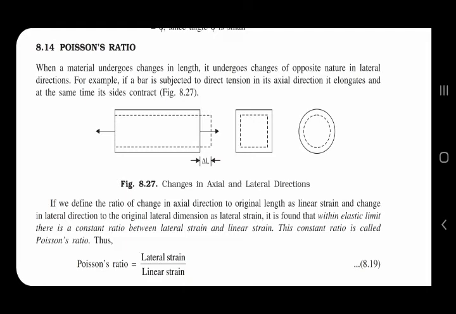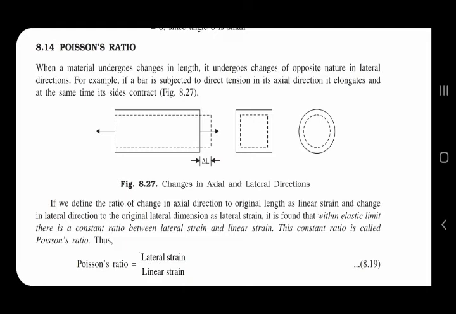In the axial direction it elongates, at the same time its sides contract, or in the lateral direction there is a decrease in diameter, which is shown in the figure. If you define the ratio of change in axial direction to original length as the linear strain, the change in lateral direction to the original lateral dimension is called the lateral strain.